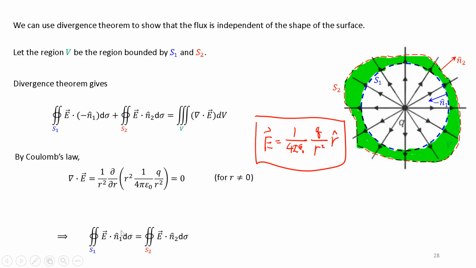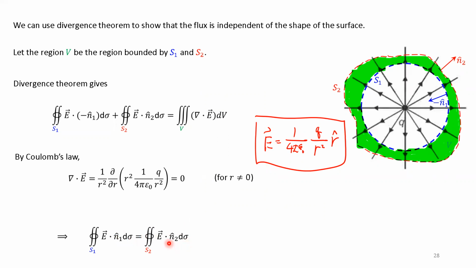So at the end, this flux for S1 is equal to the flux through S2. But one thing again to pay attention to is that this flux is talking about the flux outward, and this flux is also the flux outward.